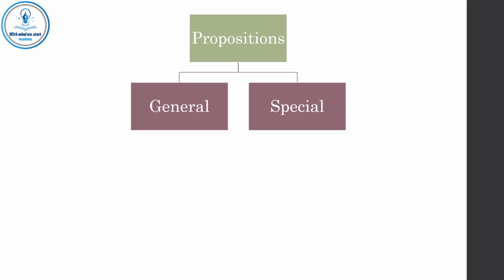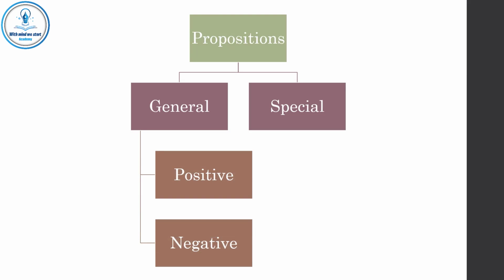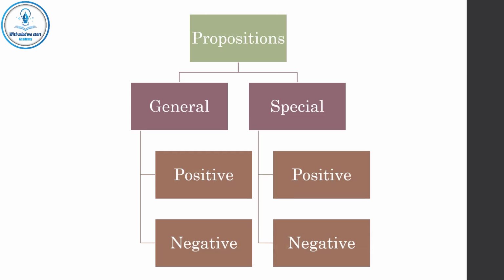Every one of these two types may be positive or negative. A positive universal proposition is something like every British is a European. A negative universal or general proposition is something like every British is not American. Also, special propositions may be positive, like Jack is British, or negative, like Jack is not American.